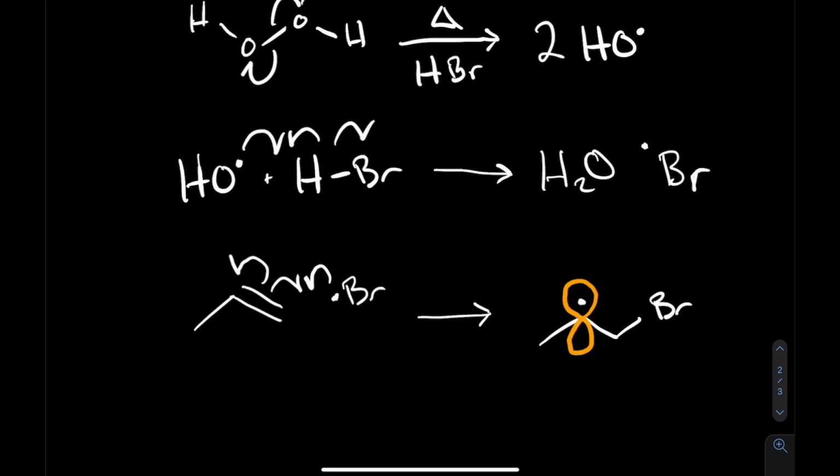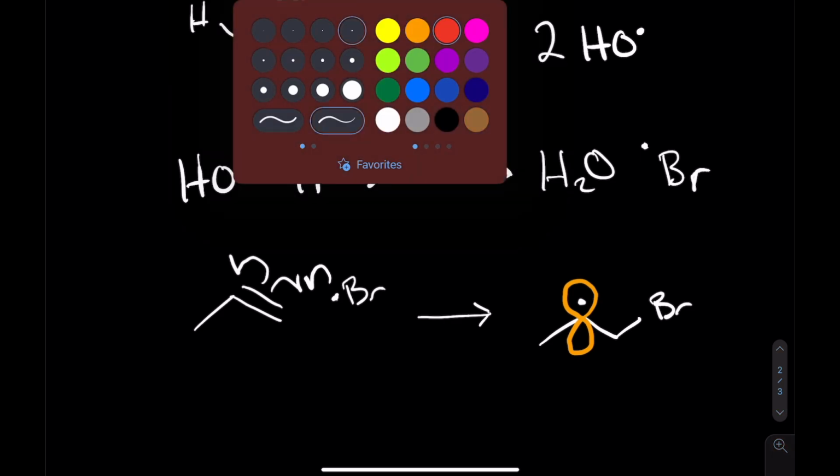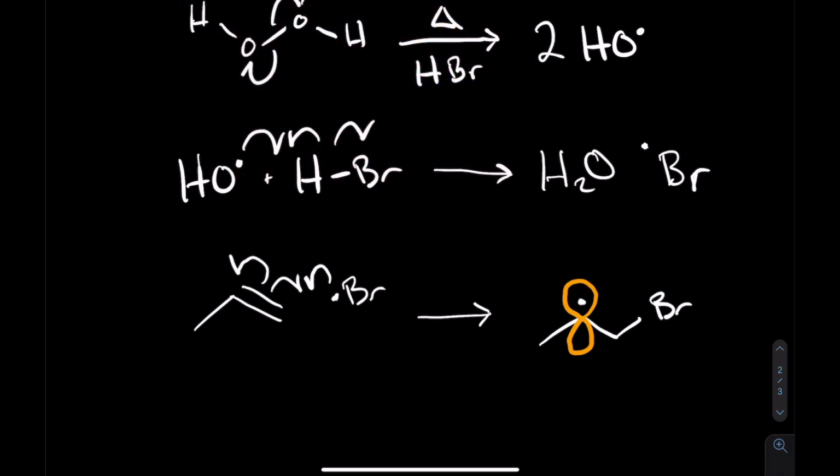And you'll remember, because we had discussed this ad nauseum, that radicals and carbocations are, of course, stabilized through both inductive effects as well as hyperconjugation effects by neighboring substituents, which means that radical is fine.